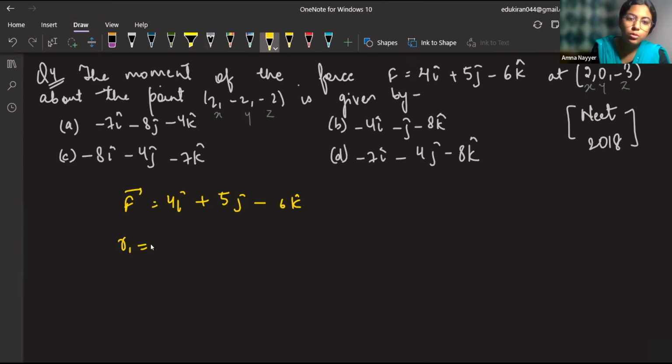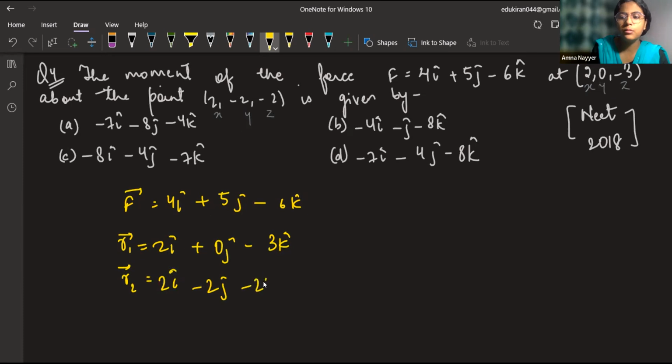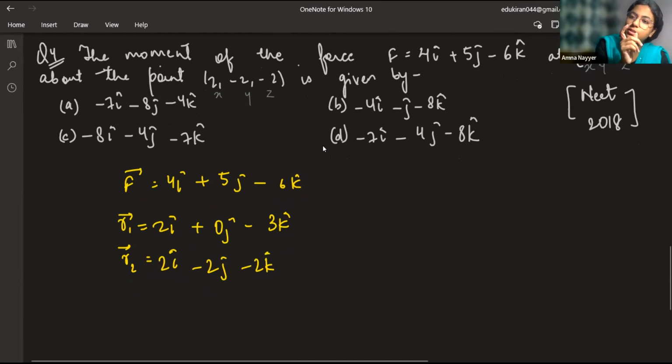So 2 I cap plus 0 J cap, nothing. This is 0 J cap minus 3 K cap. Similarly, second R2, this is R1, R2. This is X, that is 2 I cap minus 2 J cap, again minus 2 K cap. You at least have framed your coordinates in terms of proper Cartesian statements.